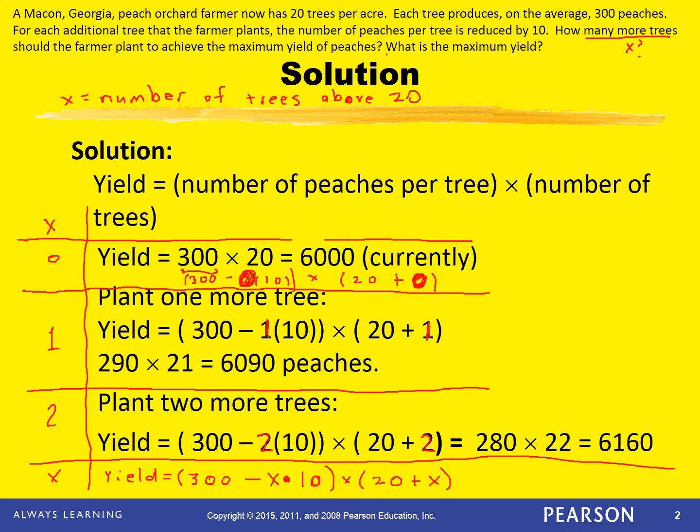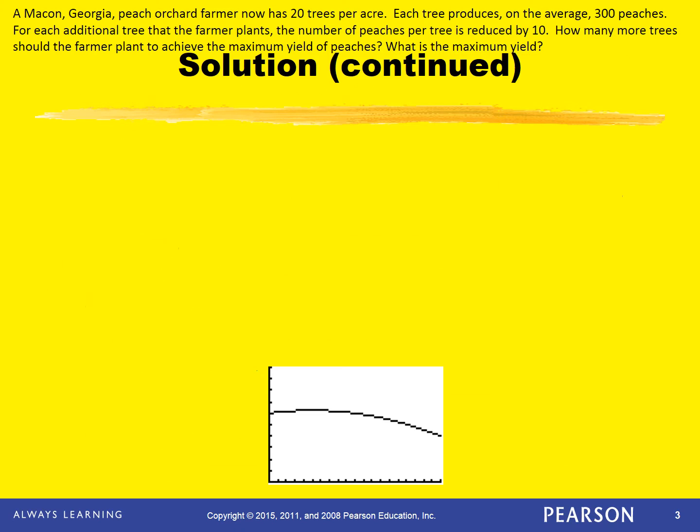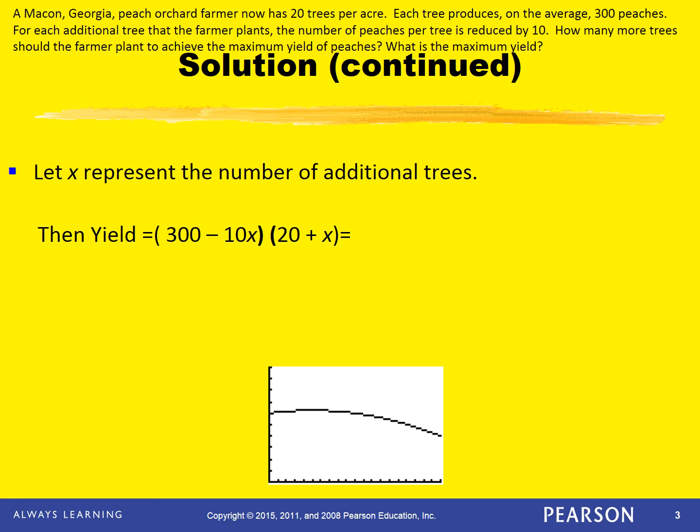Well, there are two questions. How many more trees? In other words, what's x? And what is the maximum yield? So when you pick that x, what's the output? So as we have done, we're going to let x represent the number of additional trees, and we've derived the formula for yield.